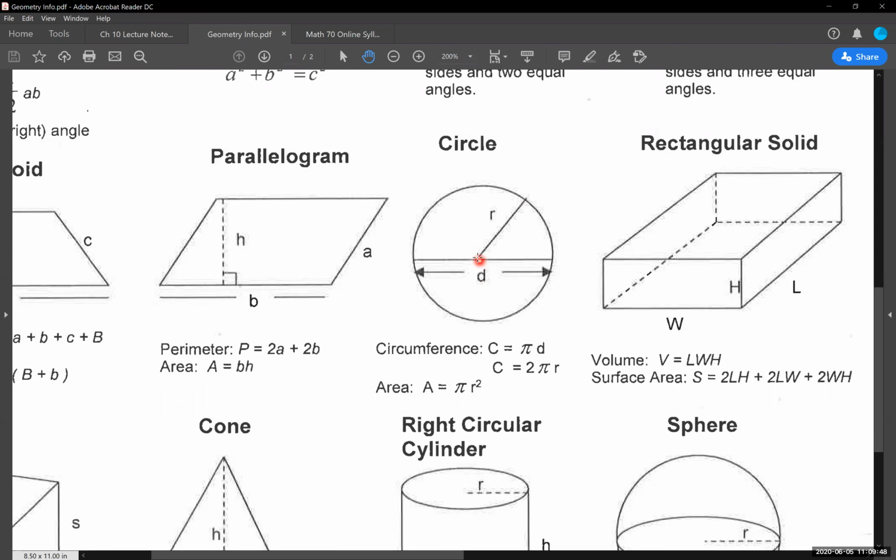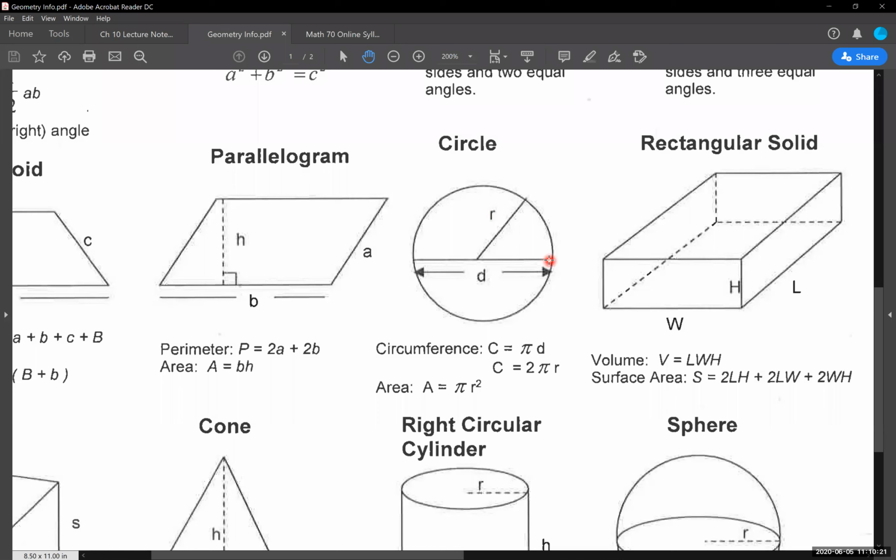The diameter is from one edge of the circle to the other edge, going through that center part. So it could be completely horizontal, it could be completely vertical, it could be kind of diagonal, doesn't matter. It is always from one edge of the circle to the other, going through the middle. As we're seeing with this as well, if the radius is from the center all the way out, the diameter is from one end to the other.